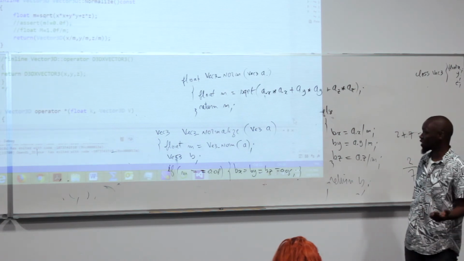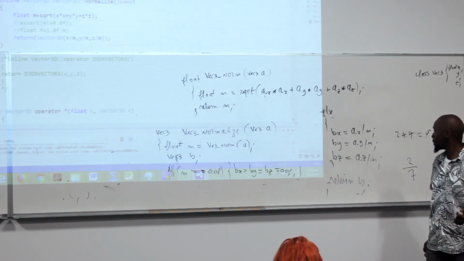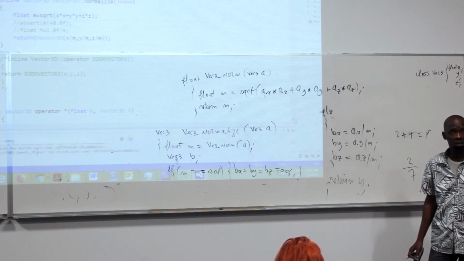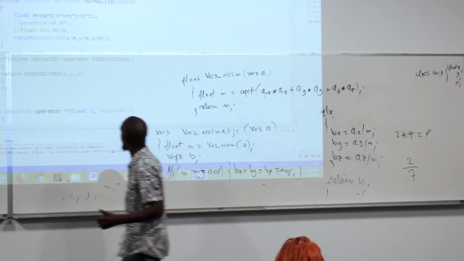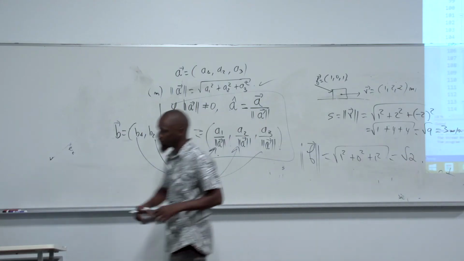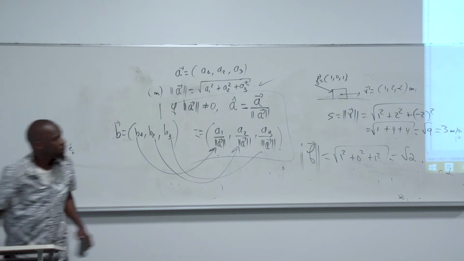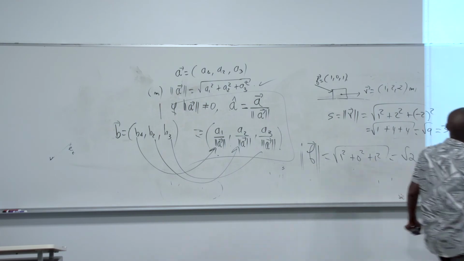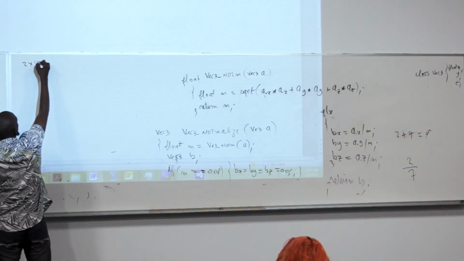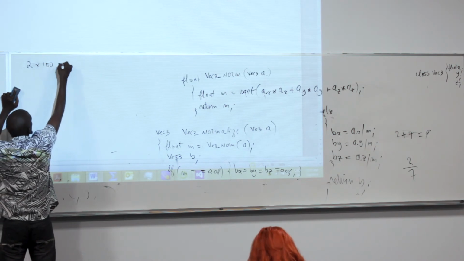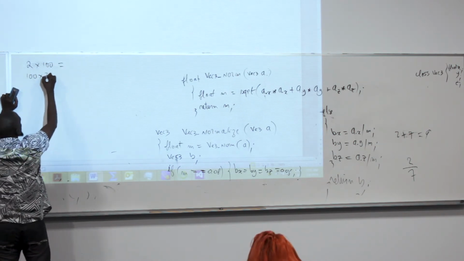Okay, let's assume that we want to multiply two numbers. So let's go here and do this. I want to blank this out. Control new. I have two numbers here. 2 times 100, and 100 times 2.